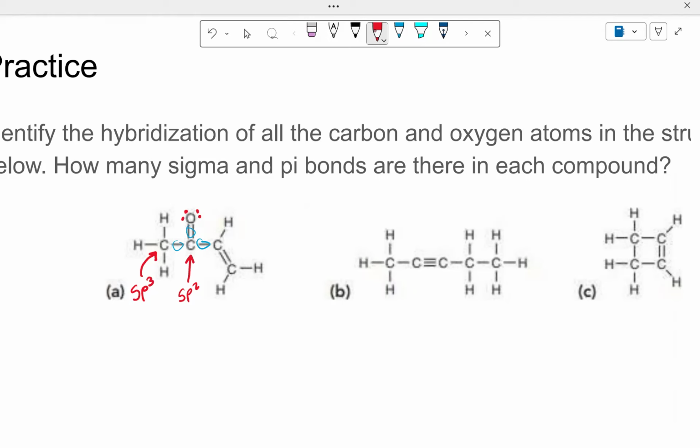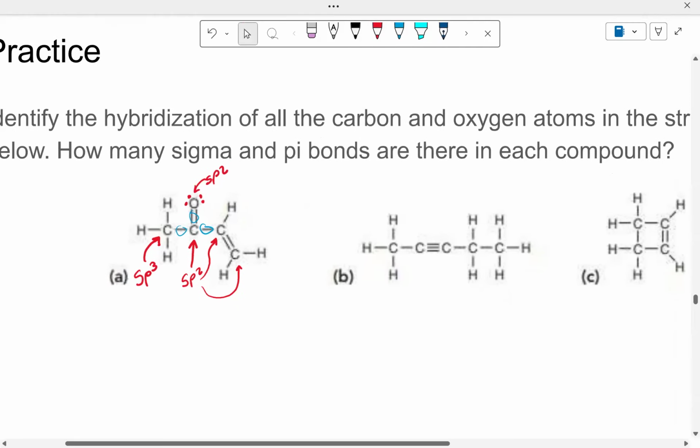Remember, a double bond, even though it's got a lot more electrons in it, is still 1 region of density. So the oxygen is sp2 hybridized. Now for the remaining 2 carbons, each of them has 3 regions of density around them, so they're both sp2 hybridized. So again, finding hybridization is just as simple as counting how many regions of electron density there are.